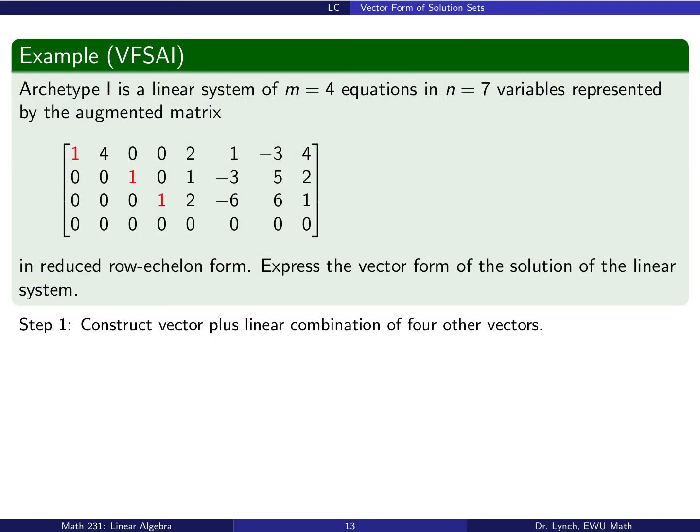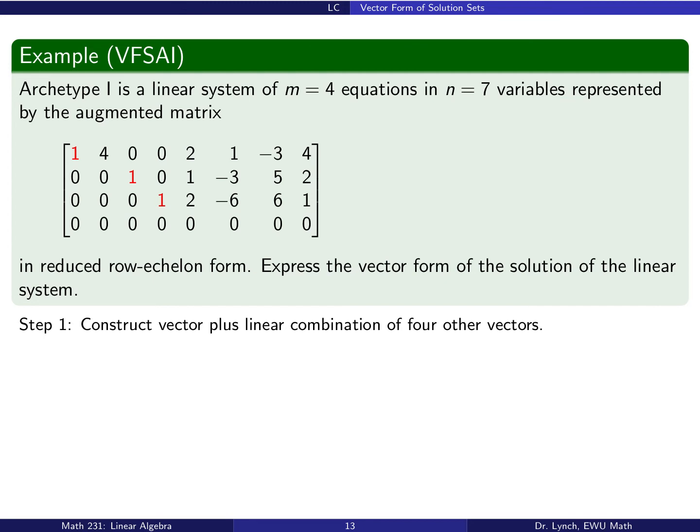So I'll go ahead and illustrate this theorem on the row reduced echelon form corresponding to archetype I. Archetype I is a linear system of m equals 4 equations in n equals 7 variables.